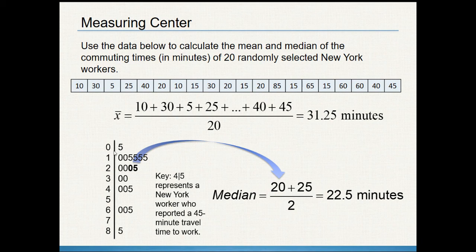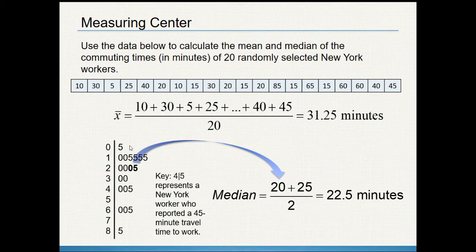Mark off the first one and the last one, and then the new first one and the new last one, and keep going until you get to the middle, which in this case is 20 and 25, because you have a 0 and a 5. There's an even number here, so you have to average those two, which gives you about 22 and a half minutes. So that is the median in this case.